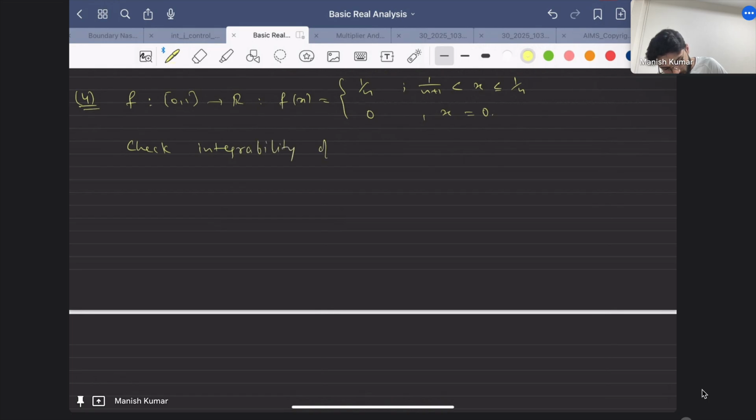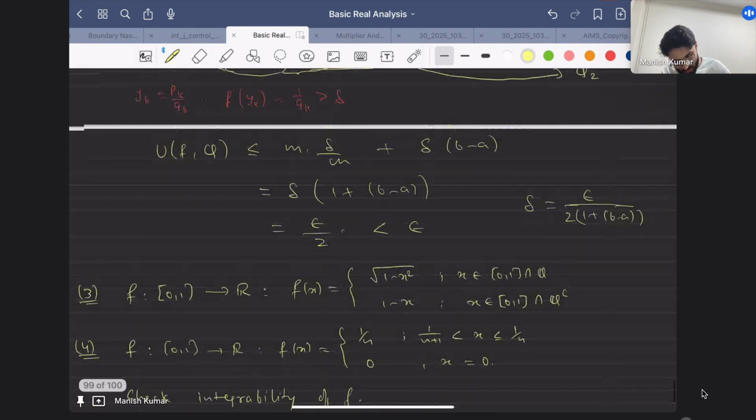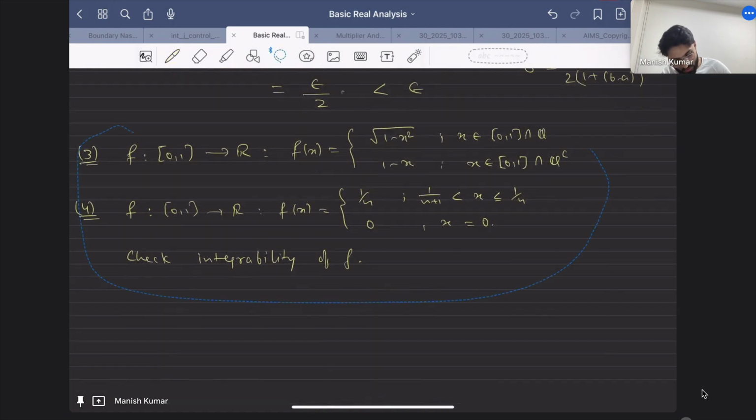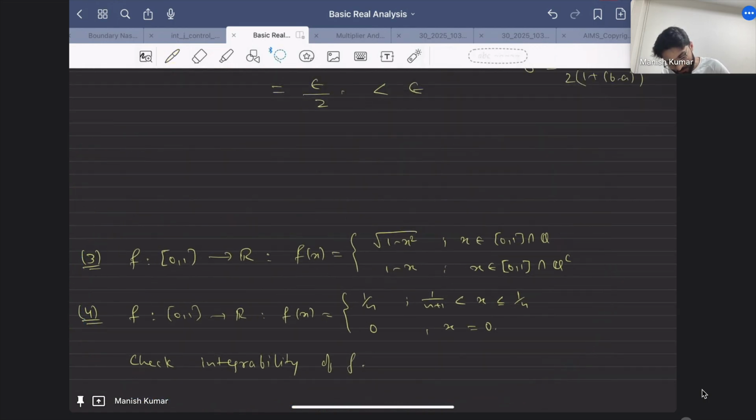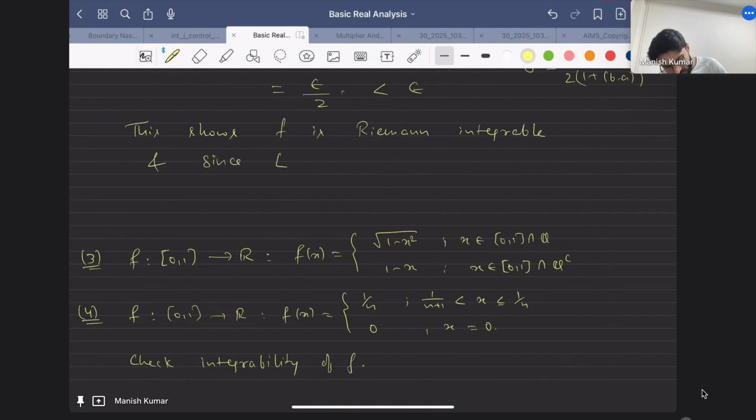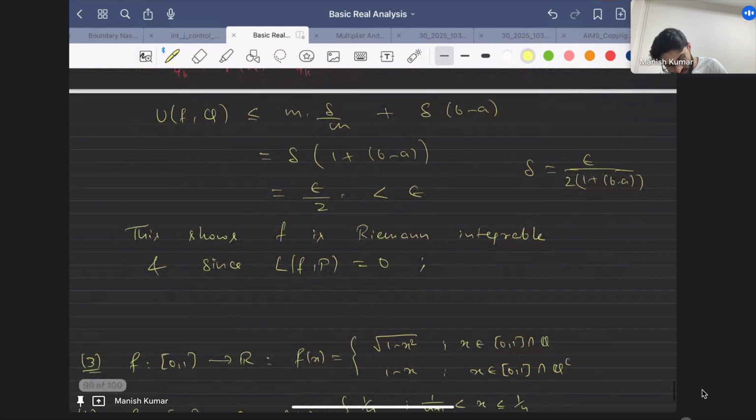So if you have mentioned, let me write here that integration value would be 0 just to be safe. So this shows f is Riemann integrable and since LFP is equal to 0, so let me see, this was UFP minus LFP. So LFP is equal to 0 for all partitions P.